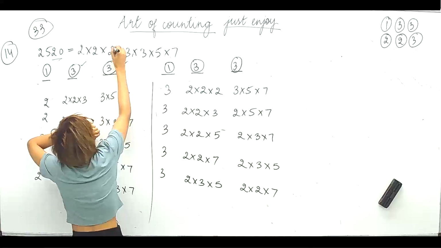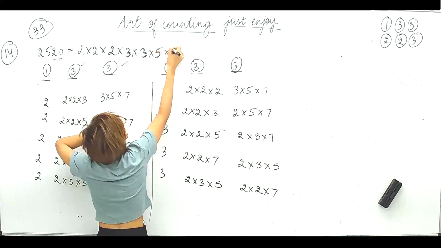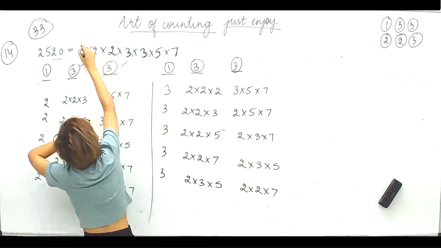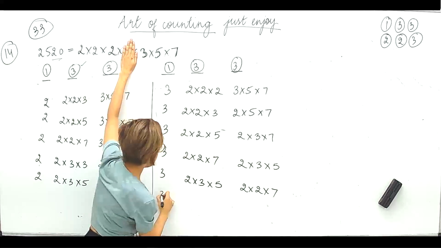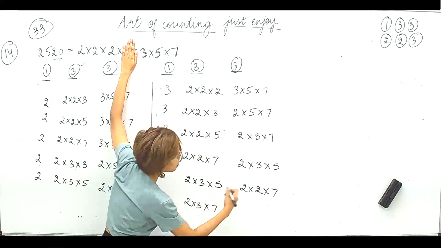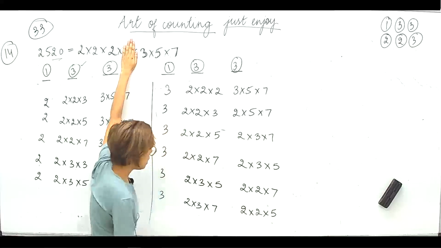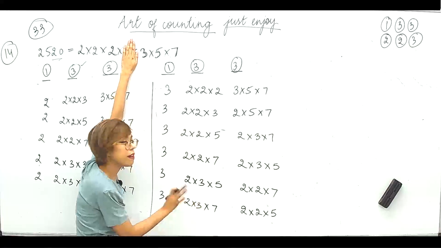And let's darken this up because I'm erasing it now, right? Okay. So 3 again. So 2 into 3. Now instead of 5, let's take 7. Right, so this will be 2 into 2 into 5, right? So 2 into 3 ones are exhausted.